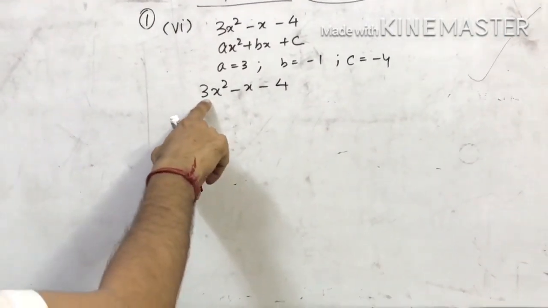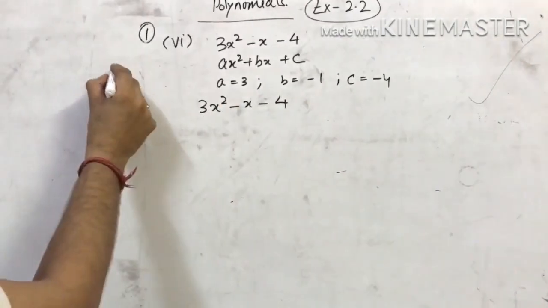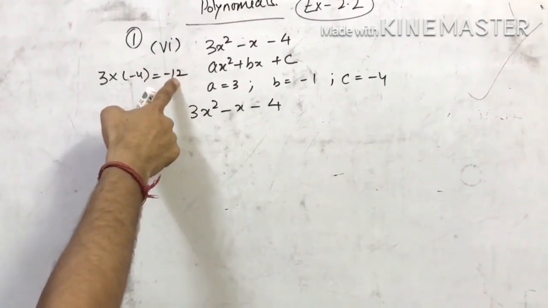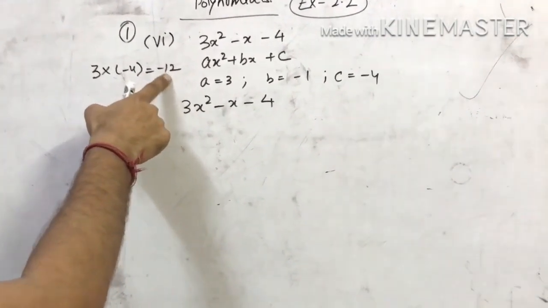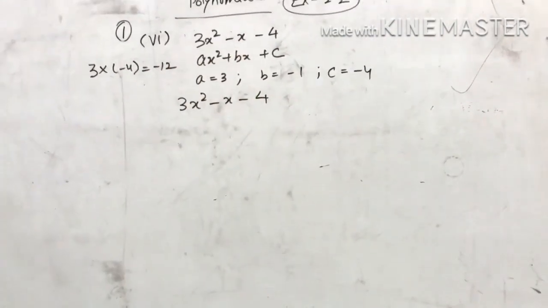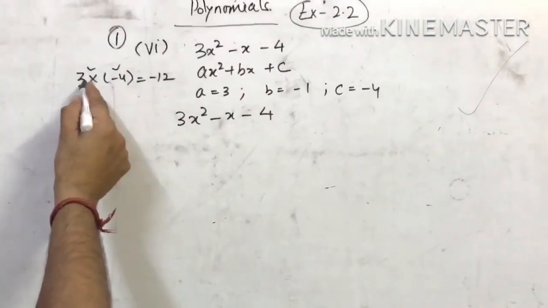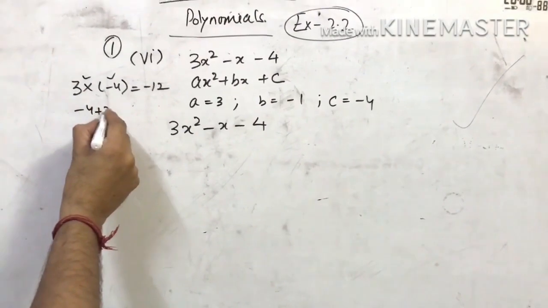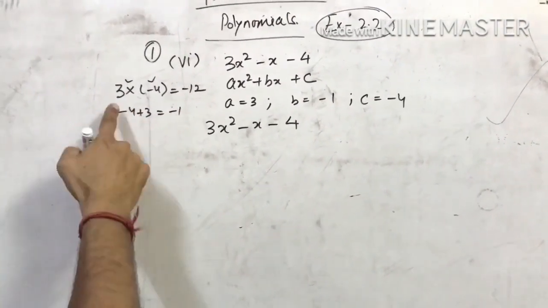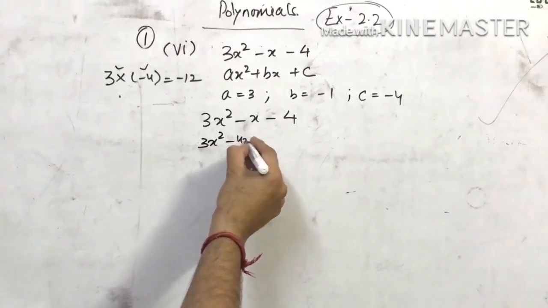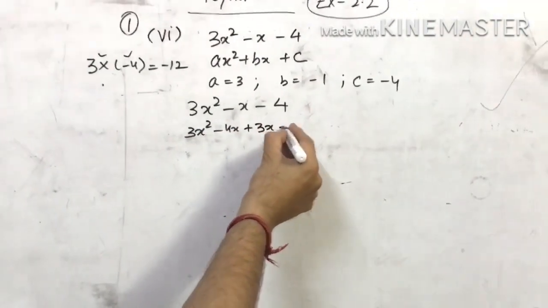Now multiply this coefficient of x square with minus 4. You will get minus 12. So find its factors so that you get minus x. So it is already there, minus 4 and plus 3. Minus 4 plus 3 means minus 1. So that means you can split this term into two parts, minus 4x plus 3x minus 4.